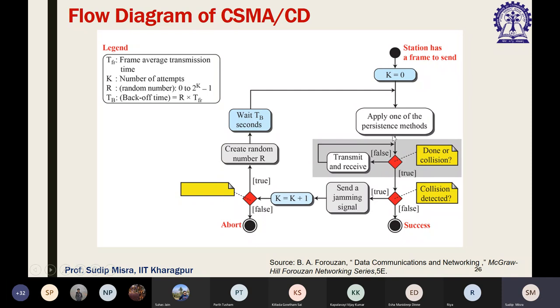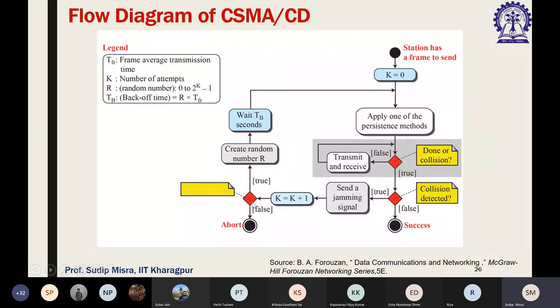Apply one of the persistence methods like before, like in CSMA. Then, whether there is a collision or not: if there is no collision, you continue the process. If there is a collision, you find out whether the collision is detected or not. If it is detected, then you send a jamming signal. Increase k to k plus 1.